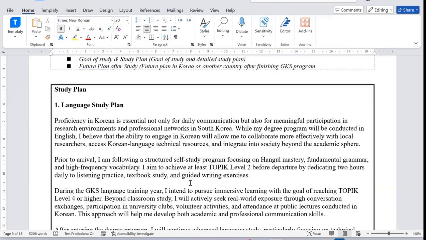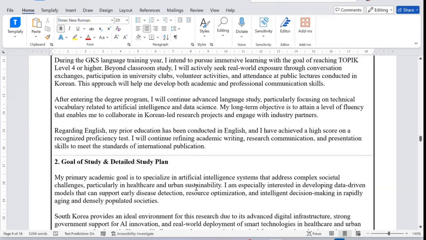During the GKS language training year, I intend to pursue immersive learning with the goal of reaching TOPIK level 4 or higher. Beyond classroom study, I will actively seek real world exposure through conversation exchanges, participation in university clubs, volunteer activities, and attendance at public lectures conducted in Korean. This approach will help me develop both academic and professional communication skills.